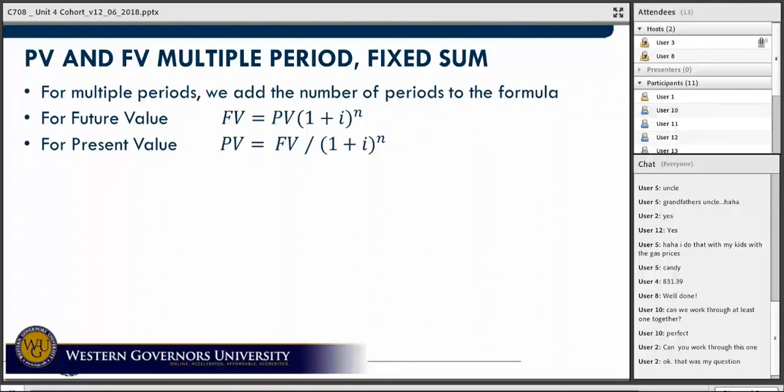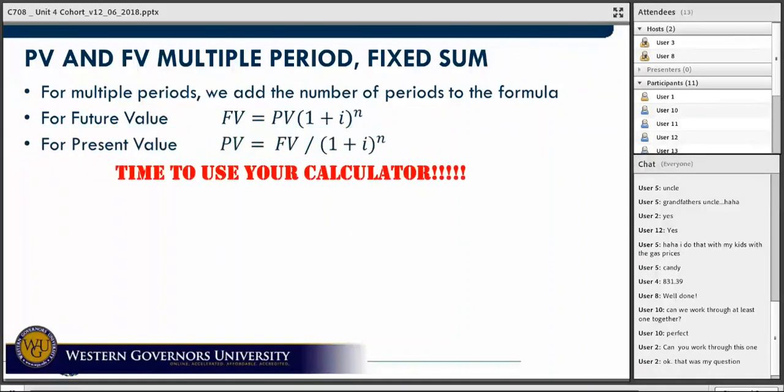The other direction, to solve for present value, we start with our future value and divide it by, again, 1 plus the interest rate inside the parentheses, then we exponentiate, and then we divide. Now we're going to go through some examples of these with actual numbers and the calculator, so no worries there.